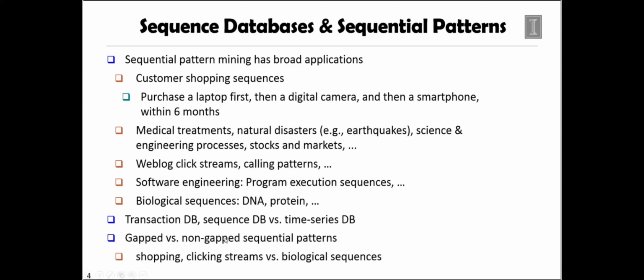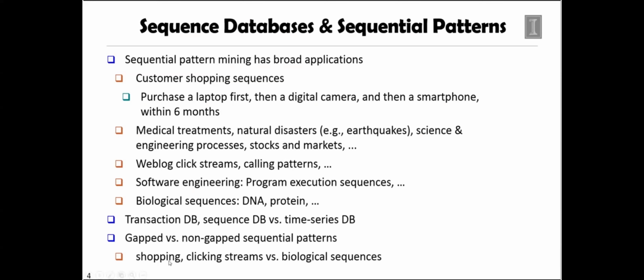One is gapped, another is non-gapped. The gapped pattern means you allow gaps within those patterns. The non-gapped pattern means you will not allow gaps. The consecutivity is important, and if you have a gap, you have to treat it very seriously.